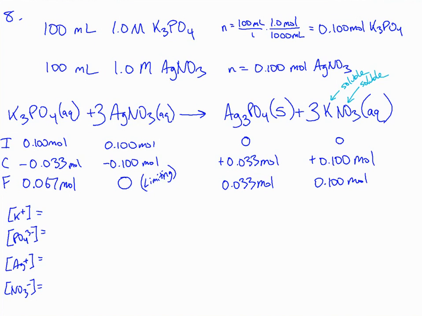So for the potassium, we have some potassium here in the reactants, and we also have some potassium here in the products. So here our final concentration is 0.067 moles of K3PO4. If you look at this, there are 3 potassium ions there. So you have 3 ions times the number of moles.